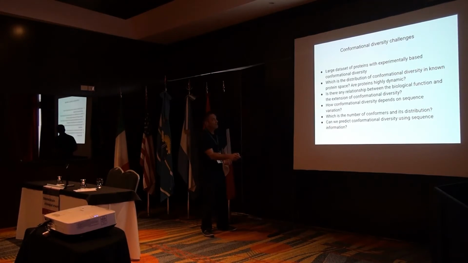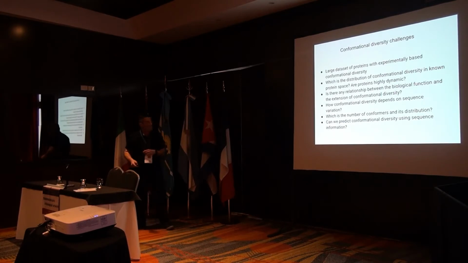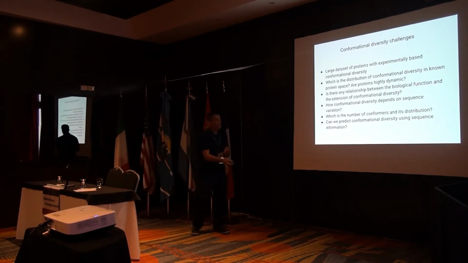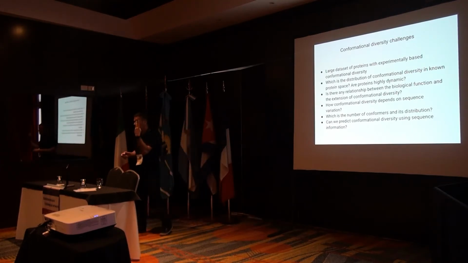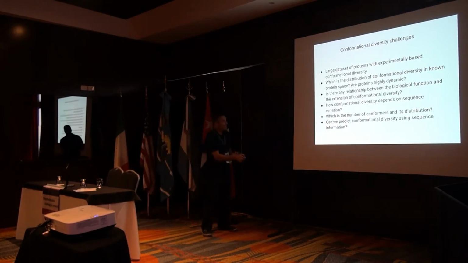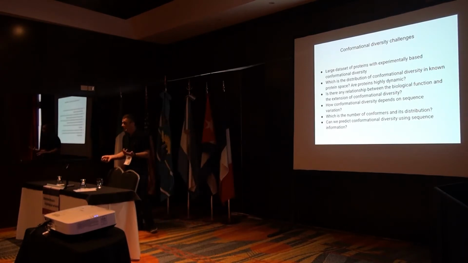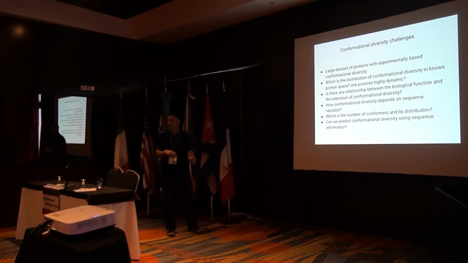How does conformational diversity depend on sequence variation? Or, for example, what is the number of conformers and its distribution? I told you that hemoglobin has 2 main conformers, but maybe other proteins have 3, 4, 5 different conformers. And in the end, as a good bioinformatician, can we predict conformational diversity using sequence information?